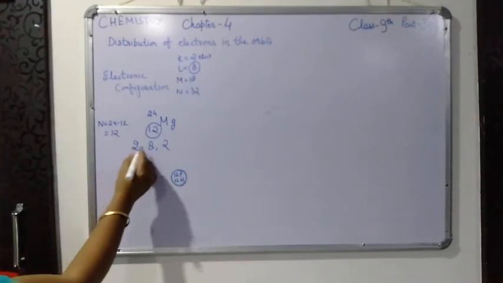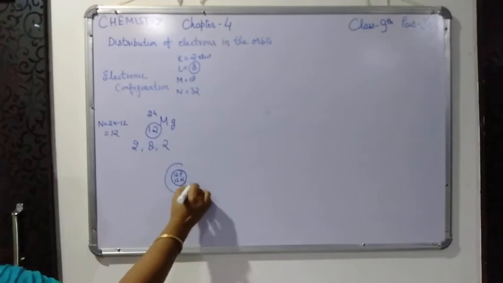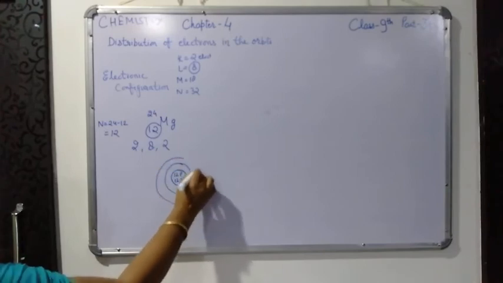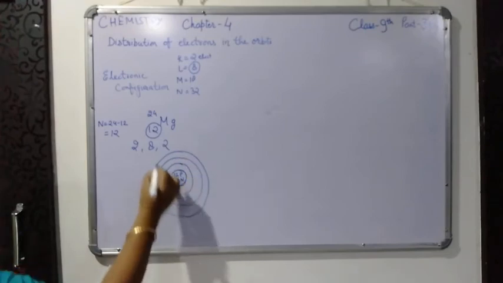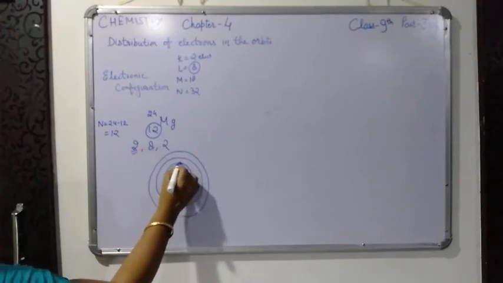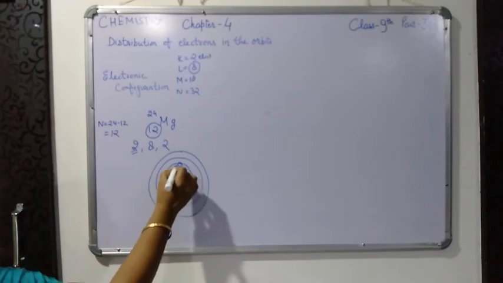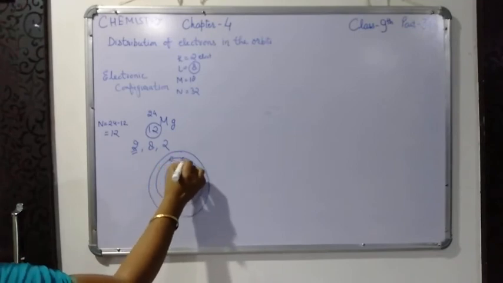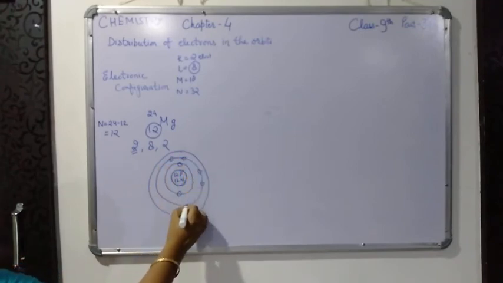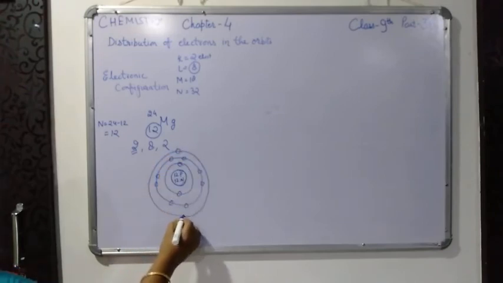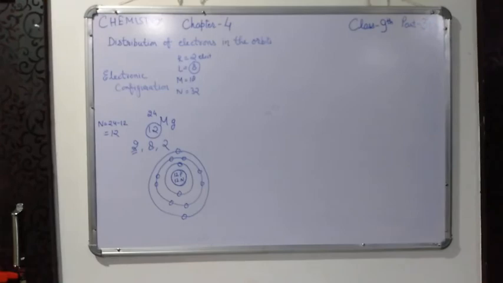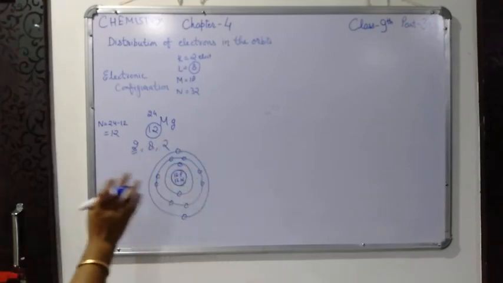Afterwards you have to make 3 shells: 1, 2 and 3. In the first shell you have to fill 2 electrons. In the second one you can see 8, 1, 2, 3, 4, 5, 6, 7, 8, and in the last one also 2 electrons. By this way you can make the electronic configuration.